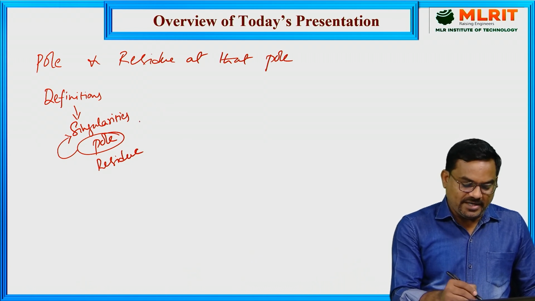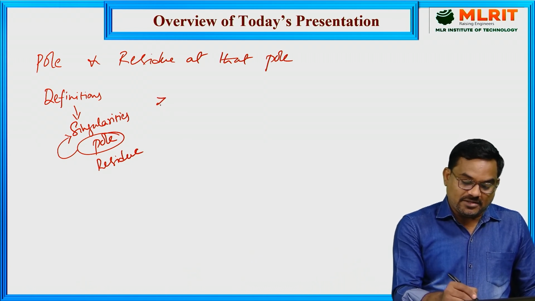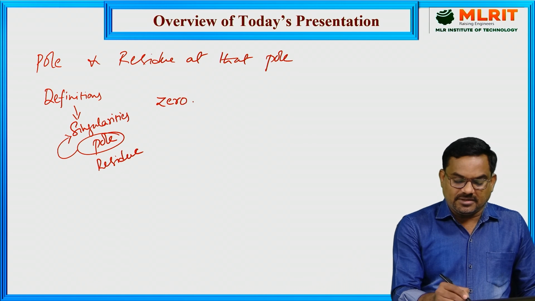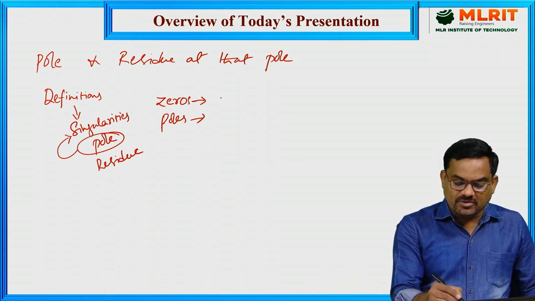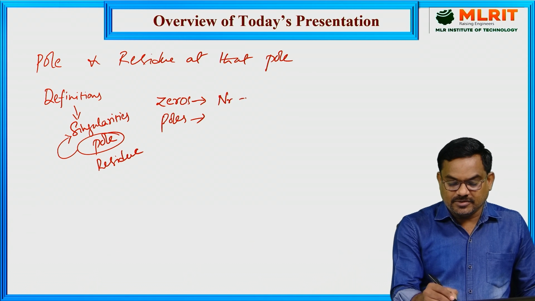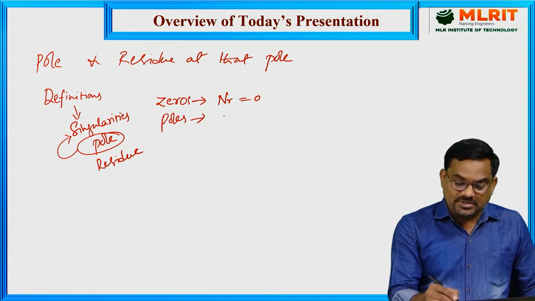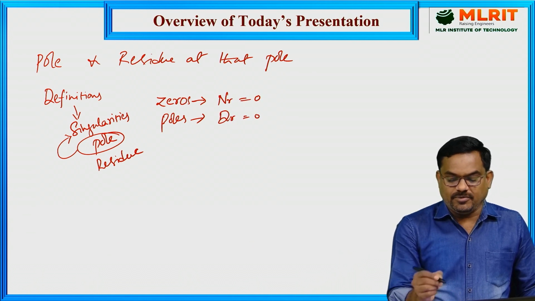Now, how to find these poles? There is another thing called zeros of a function f of z and poles of a function f of z. To find the zeros of the given function, equate the numerator to 0. To find the poles, equate the denominator to 0.